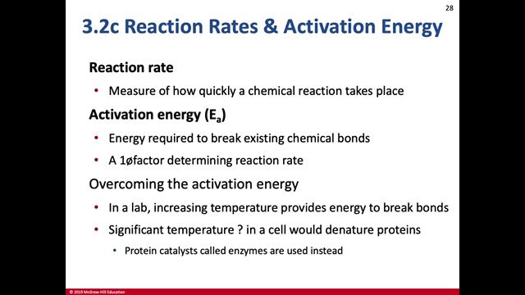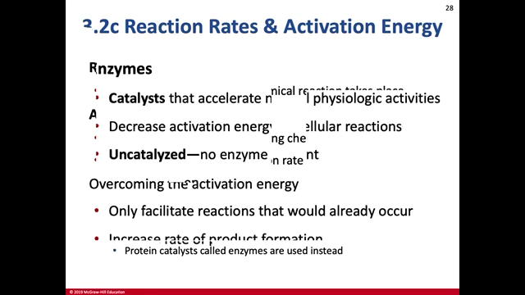And most catalysts in living systems are proteins that are called enzymes. And enzymes will catalyze particular chemical reactions by binding to what's known as their substrates. So just like a key fits into a particular lock, an enzyme will only attach to a particular set of substrates and make one particular chemical reaction happen.